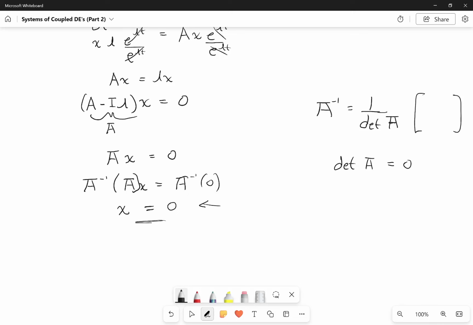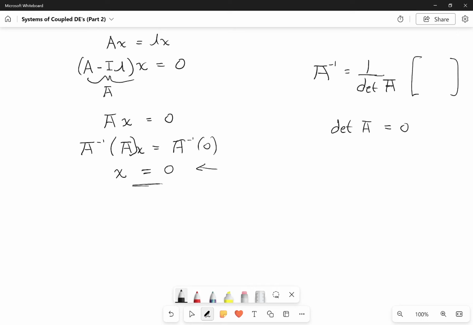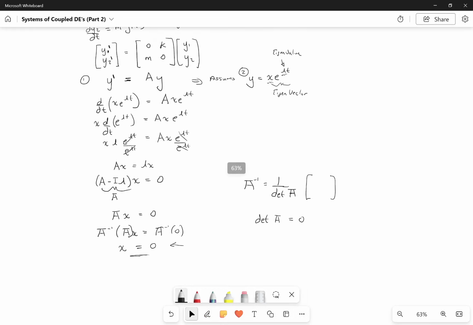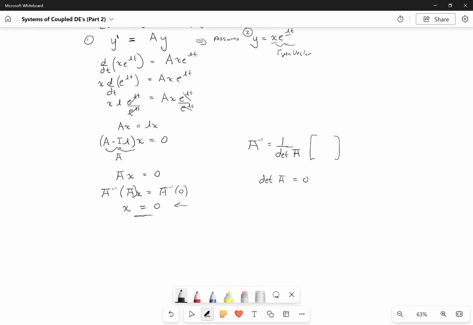Okay, so that brings us to, if we know what A is again, it's the fancy A. Let me put in the other equation that we normally use. This basically produces a third equation here. It's the determinant of this fancy A, which is A minus I lambda, equals 0.